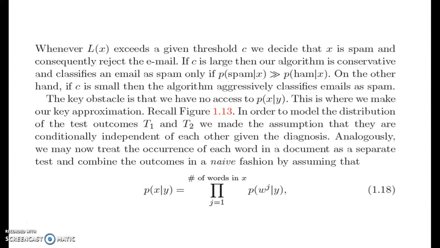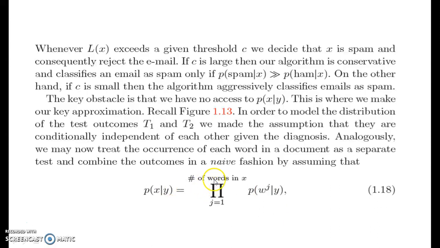So analogously, we may now treat the occurrence of each word in a document as a separate test and combine the outcomes in a naive fashion by assuming that P of x given y is equal to the product over j of P of w bar j given y.